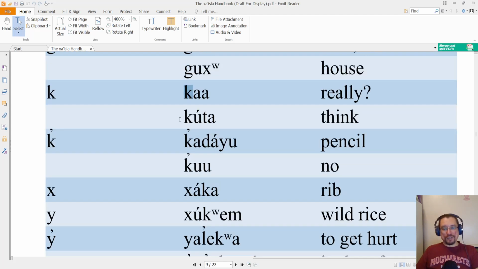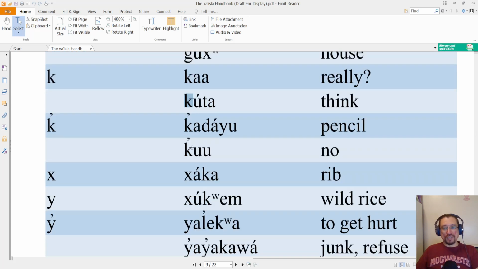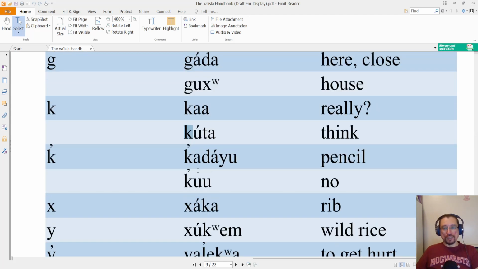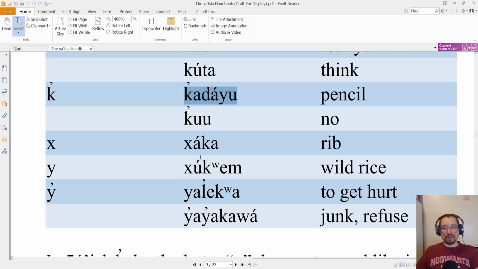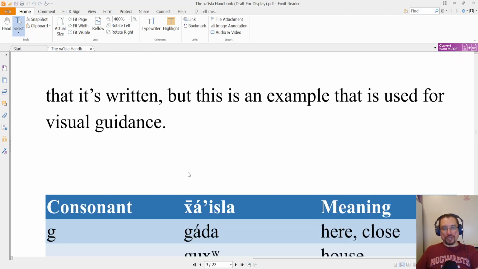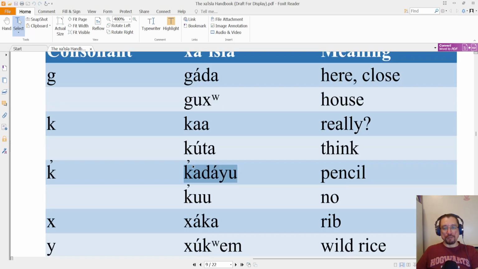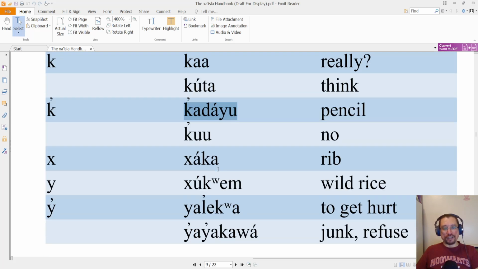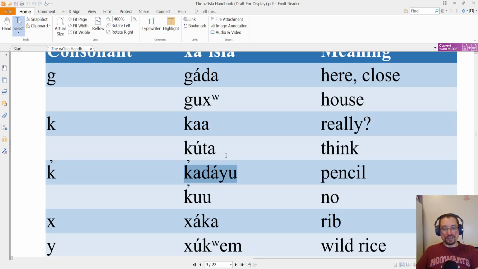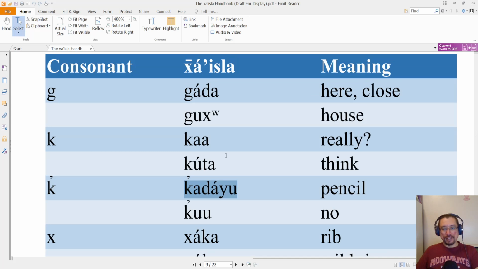And this is because it's easier to type and it's easier to read when you're looking through any written representation of the xa'isla language. So again, going back to what I was saying before about that imaginary raised Y, I only use that as an example. It doesn't exist in any xa'isla writing system.